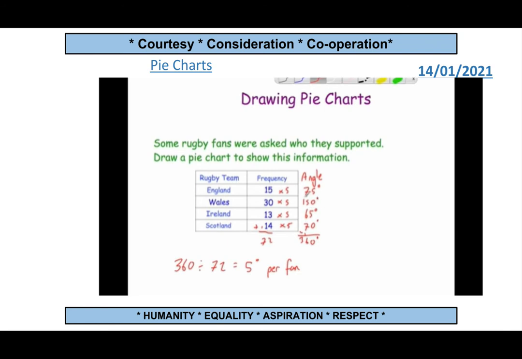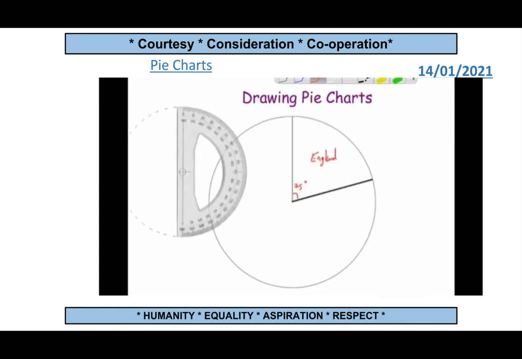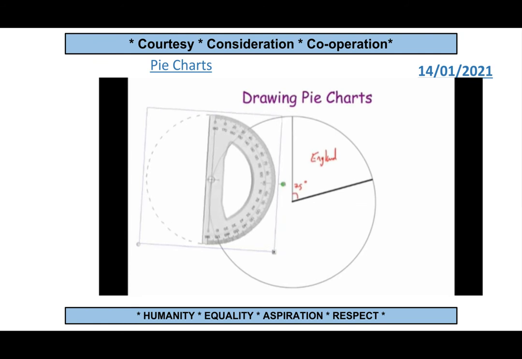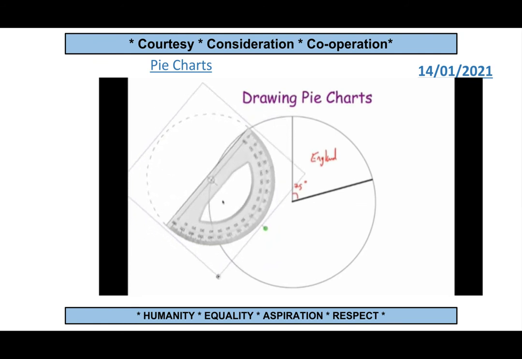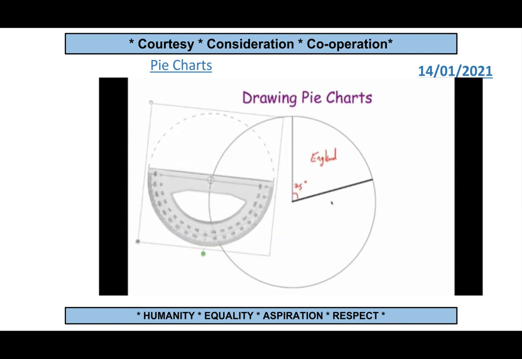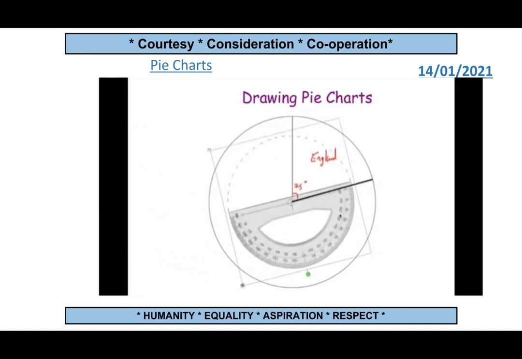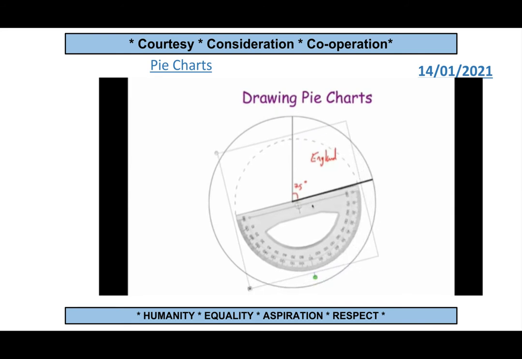So now I'm going to put my protractor on the new line that I've just drawn. I have to rotate my protractor so it lines up with the new line I've just drawn. The cross, the middle of the protractor, the little cross, has to be at the end of the point.